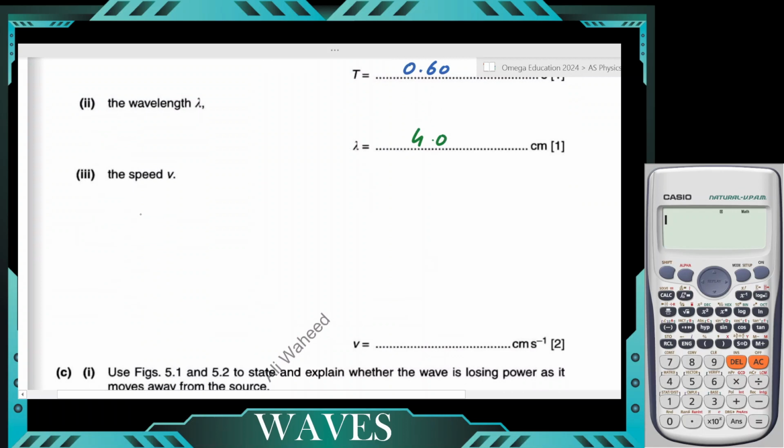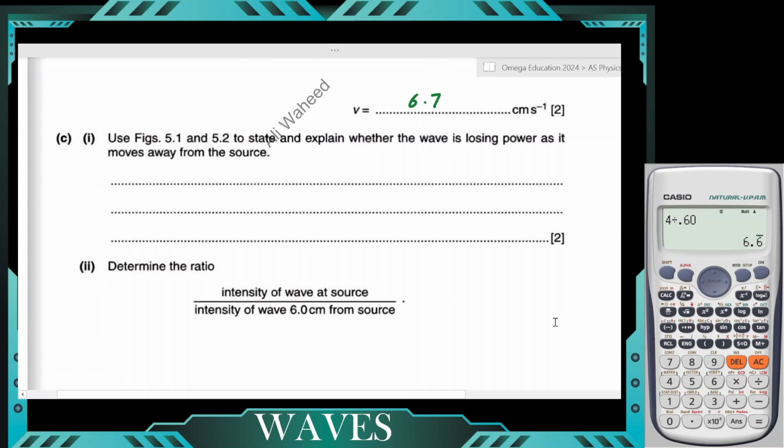So for speed equals lambda over T, lambda is 4.0 divided by 0.60. If you hit it on the calculator, 4 divided by 0.60 would be 6.666, so 6.7 centimeters per second.